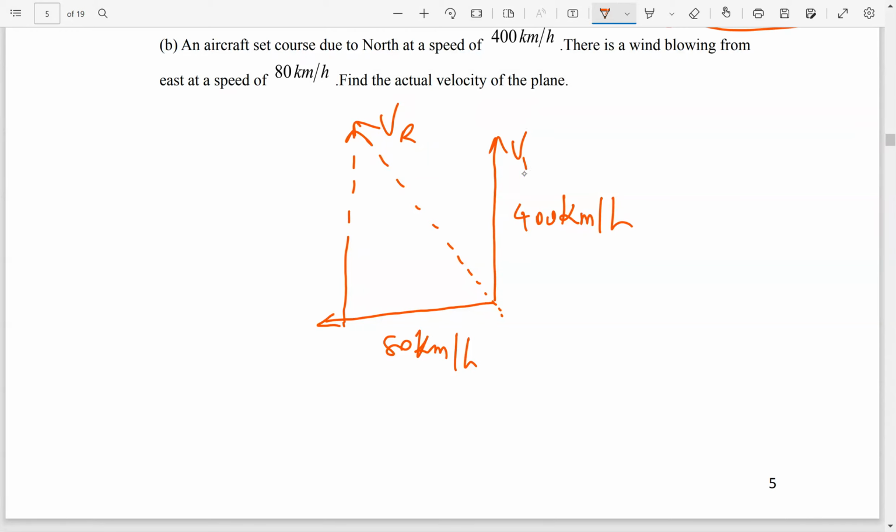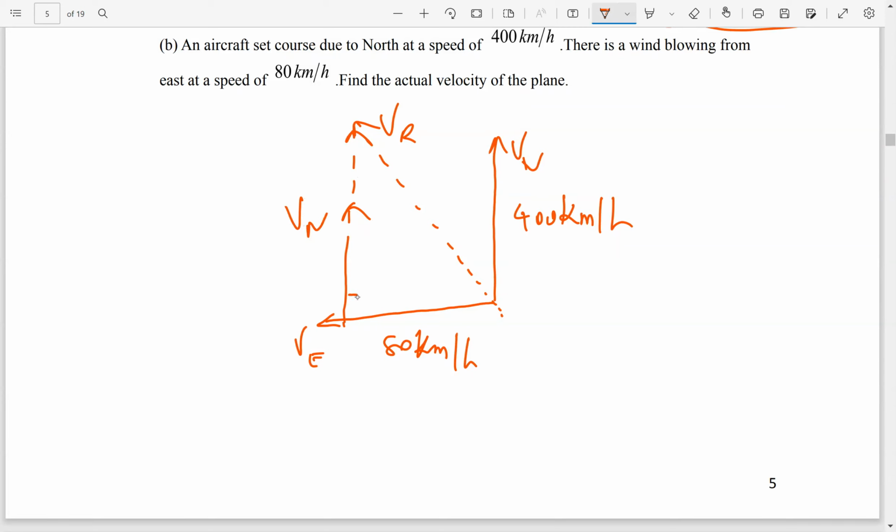I can call it Vn and Ve. So Ve can be projected here, and this is Vn.